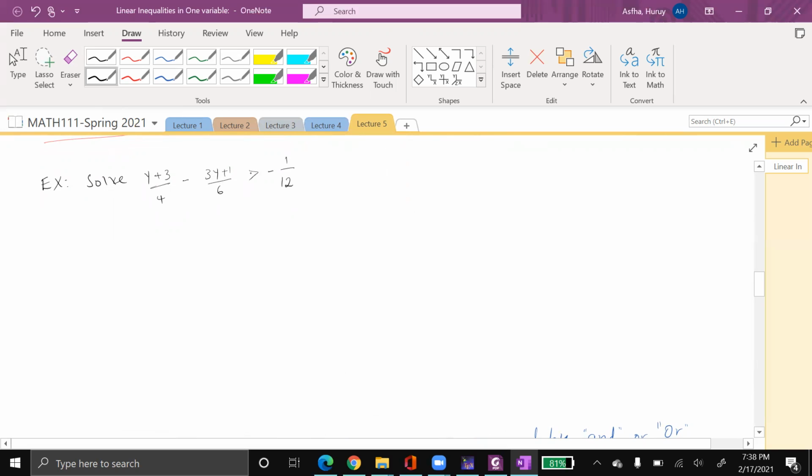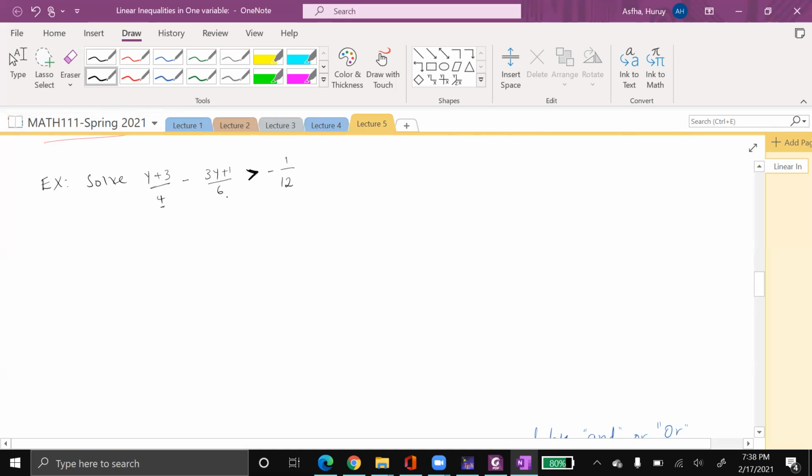And of course, it's an inequality, and it's always similar to the linear equation. When you solve such an inequality, which involves fractions, you always try to get rid of the fractions because that makes life much easier.